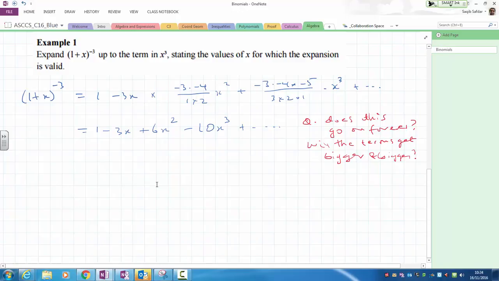Okay, and outside that, there's obviously a relative error. So what we basically say is that this expansion is valid for the modulus of x less than 1. Okay, and what this is basically saying is x has to be between -1 and 1, for a decent approximation.